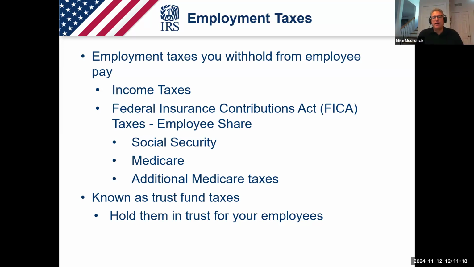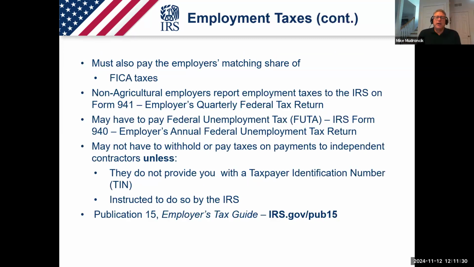Not only are you as the employer for your employees withholding the employee share of Social Security and Medicare taxes, but there's also, here on the next slide, an employer's matching share of the FICA taxes, which would be the Social Security tax and the Medicare tax. So you would also, as part of the employment tax equation, be including your employer's share, matching share of those FICA taxes.